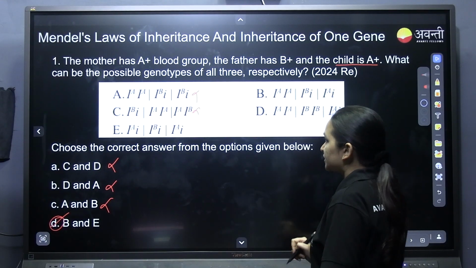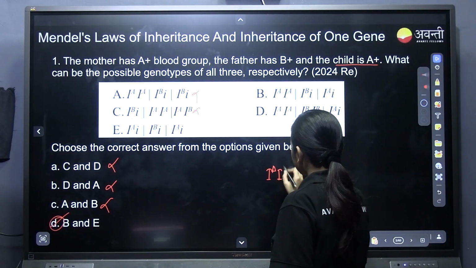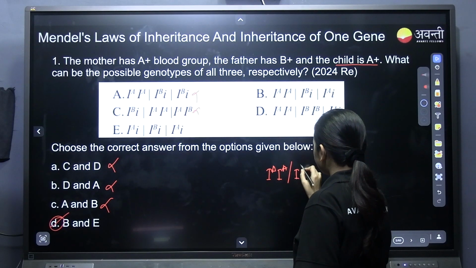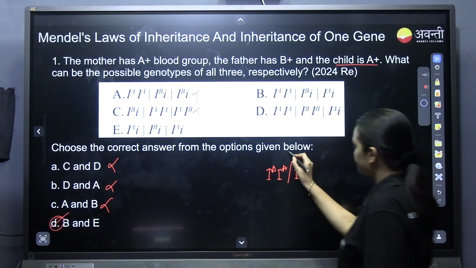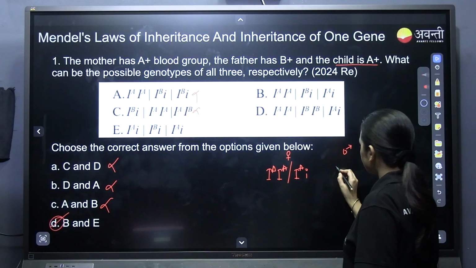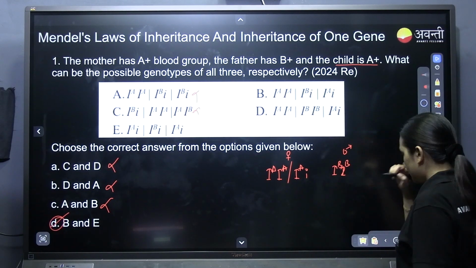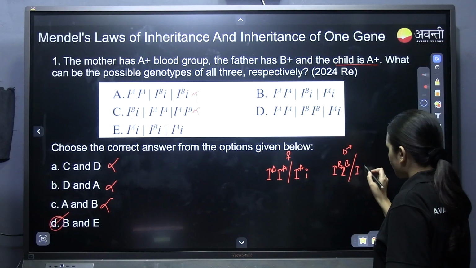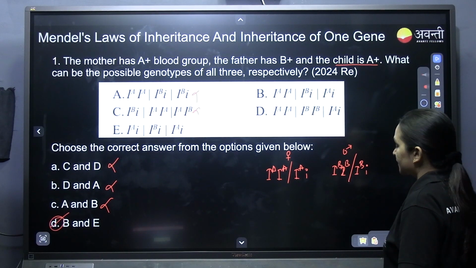Mother has A positive, which means it can be this or this can be the genotype of mother. And about the father, father is B positive, it can be IBIB or IBi, isn't it?